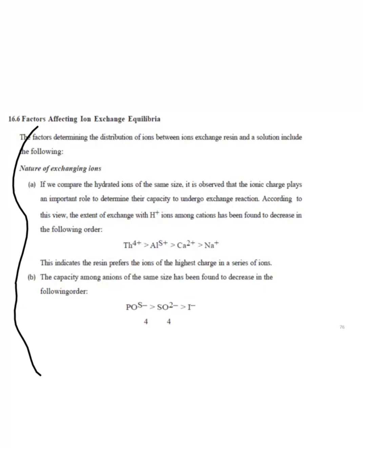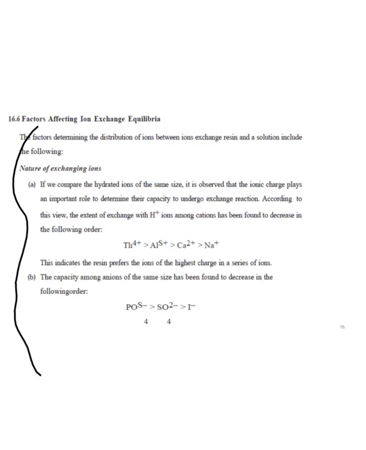Exchanging should be in equilibrium, exchange of cations and anions. So how will this be in equilibrium? Factors affecting the ion exchange equilibria. The factors determining the distribution of ions between the ion exchange regions and solution include the following factors here.